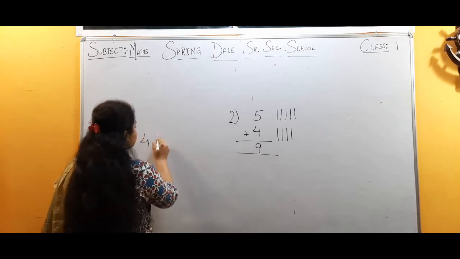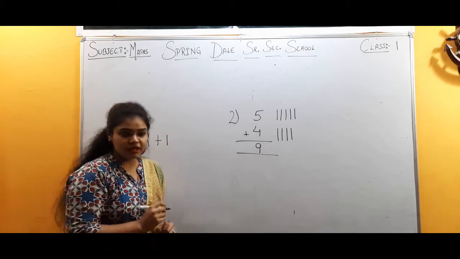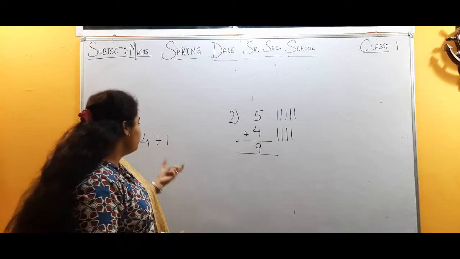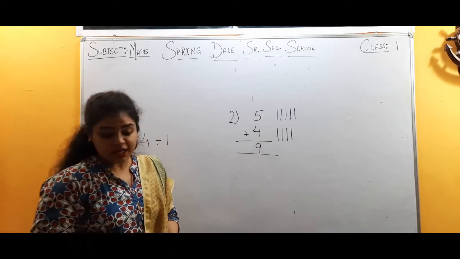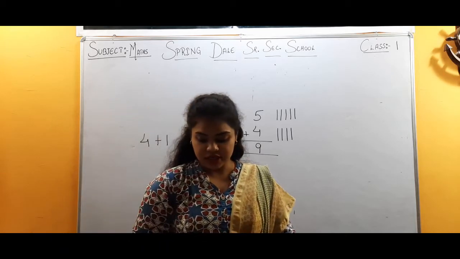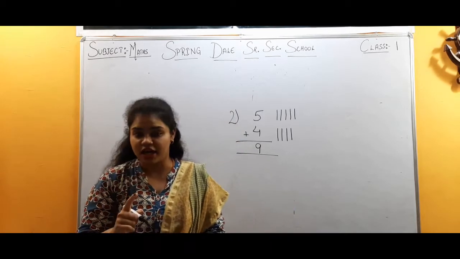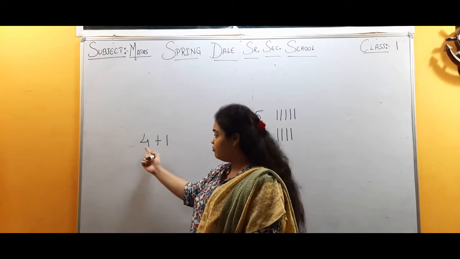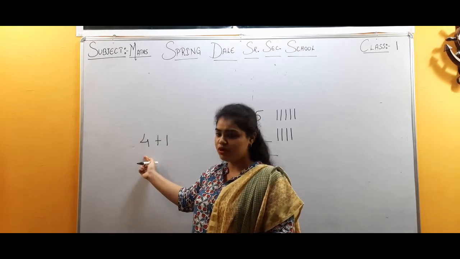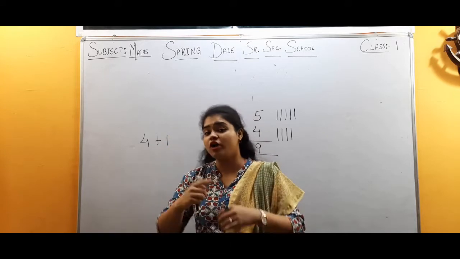Now one more child has come to do the swimming in the pool. So what we have to do? We have to plus 4 plus 1, because in that question what is written? That one more child. What does the word more means? ज़्यादा. मतलब we were having 4 children in the swimming pool. One more मतलब एक और आ गया उसमें.